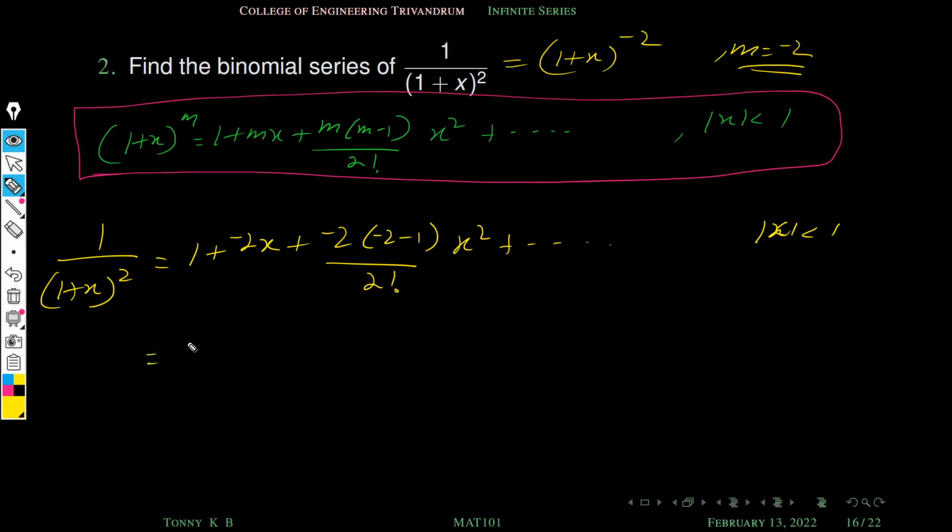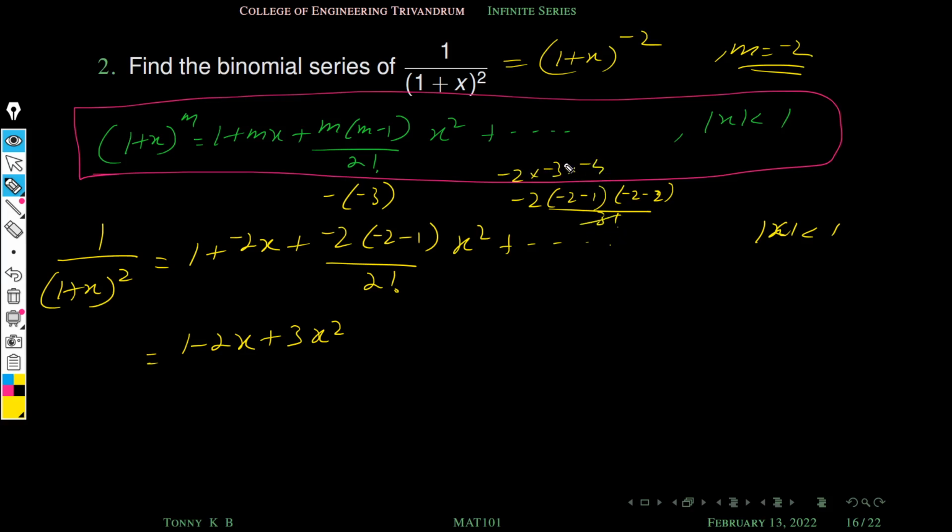So this is equal to 1 minus 2x. And what about this one? We can cancel 1, 2. So minus, this becomes minus of -3, right? So plus 3x square. What about the next term? Next term is -2, -2 minus 1, -2 minus 2 divided by 3 factorial, right? And you can expand this like this. This is -2, -3, -4 by 3 factorial.